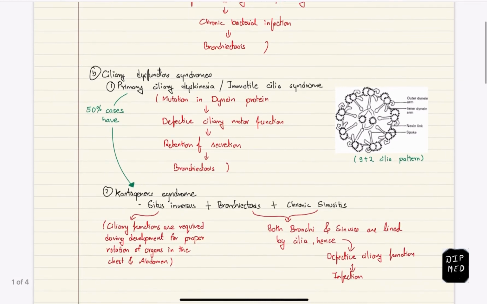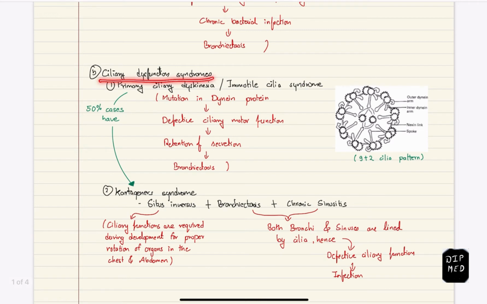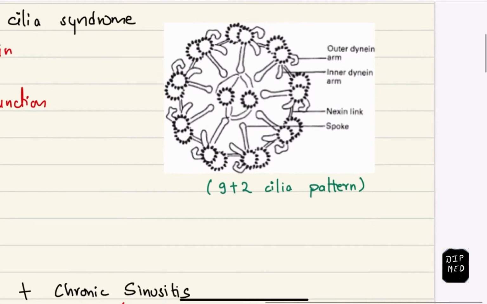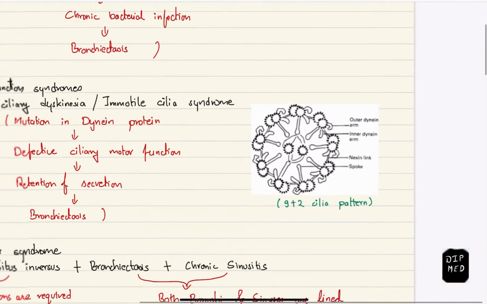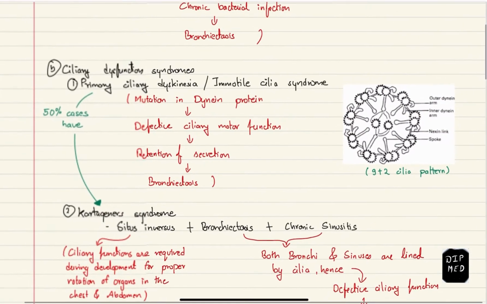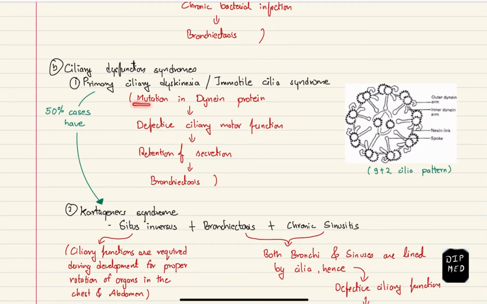Next, among the congenital causes, we have ciliary dysfunction syndromes such as primary ciliary dyskinesia and Kartagener syndrome. Here is the normal 9+2 cilia pattern. Now the cilia is made up of many structures, but the important one is the dynein protein, which is shown here. The reason why it's important is because in primary ciliary dyskinesia, also known as immotile cilia syndrome, there is a mutation in the dynein protein.